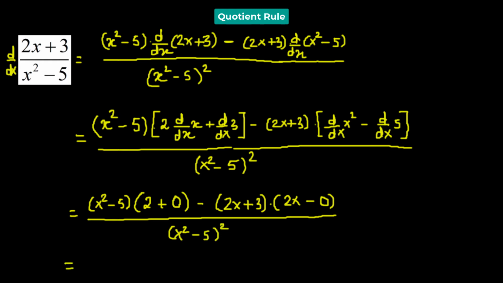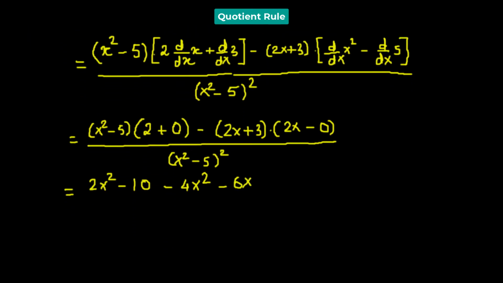So we have finally 2 times x squared minus 5, so that will be 2x squared minus 10, and we have negative 2x multiplied to 2x plus 3, so that gives us 2x times 2x will be negative 4x squared, and negative 2x times 3 will be negative 6x, whole divided by x squared minus 5 whole squared.